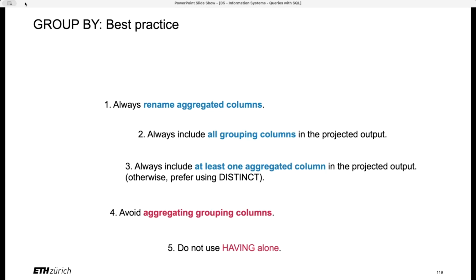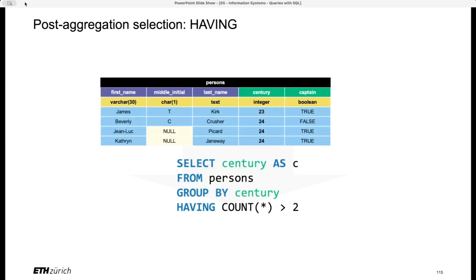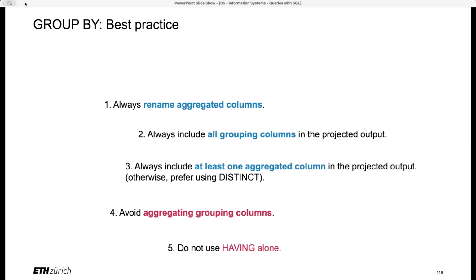It's always a good idea to rename when you aggregate, right? Just like I did. Whenever I had a count, I have as, you see, count as C, so you give it a name. I think if you don't give it a name, it's going to call it count, the column, right? But then you cannot really assume anything. So always rename aggregated columns.